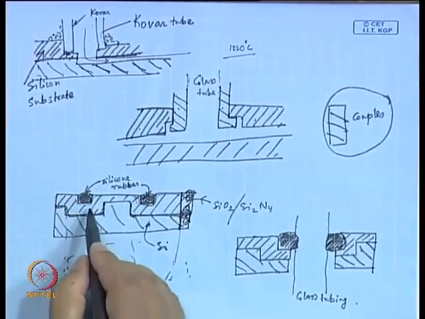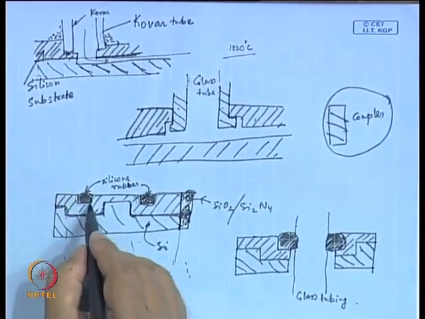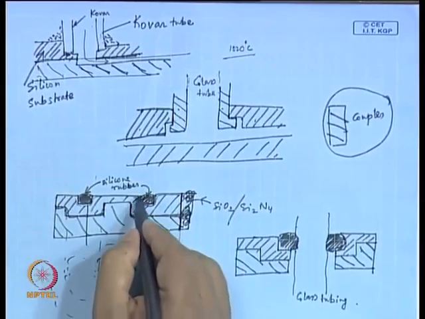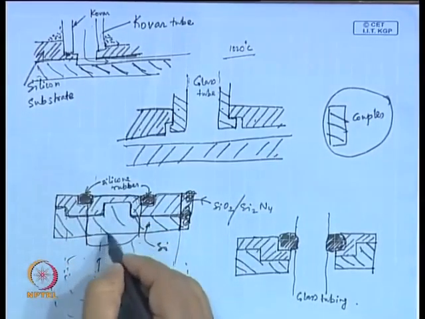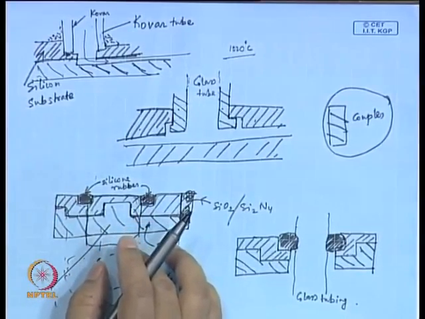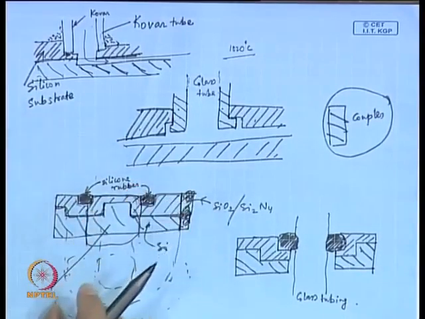That means, you do it by DRIE, deep reactive ion etching. So, you cut off this portion, you remove this portion altogether, you etch it out. You are basically using a dry etching technique to take out this material.